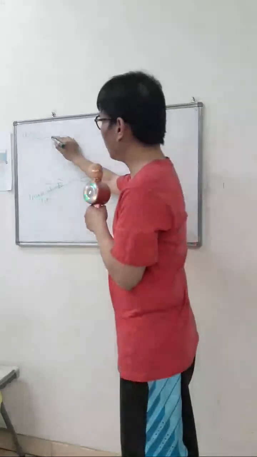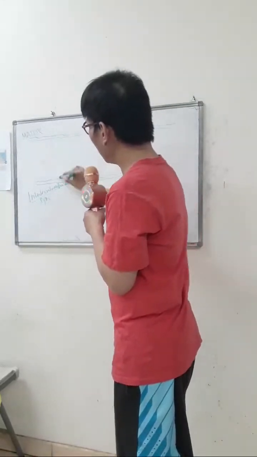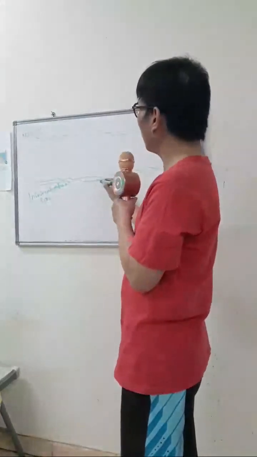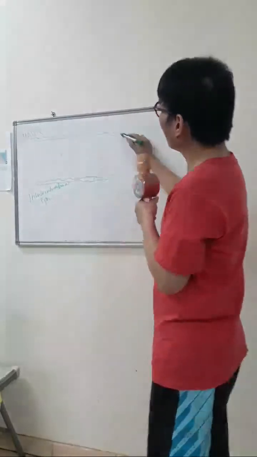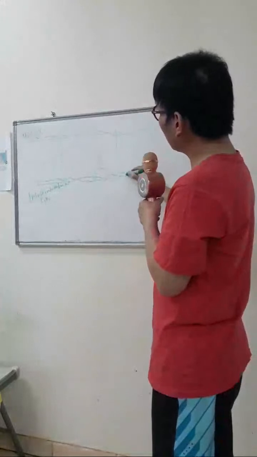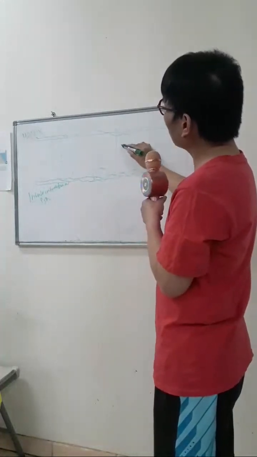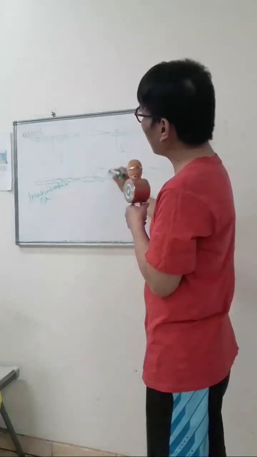Pump 1, we have protein complex 1 here. Pump 2 here. Protein complex 3 here. So these protein complexes have pumps, but except for two. The two will not have a pump system.